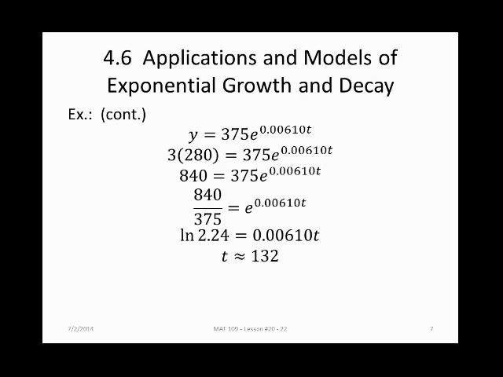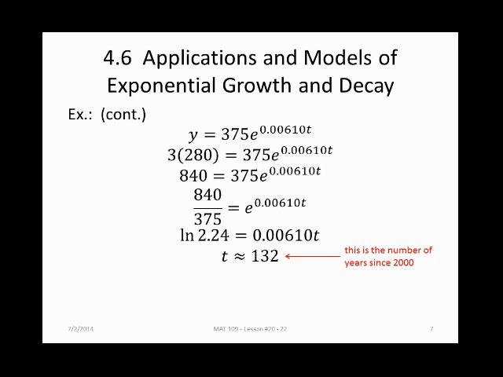But t is not the date year, it is how many years since 2000. And so the question that was asked was, in what year? That means a date year. So it's not going to happen in year 132.